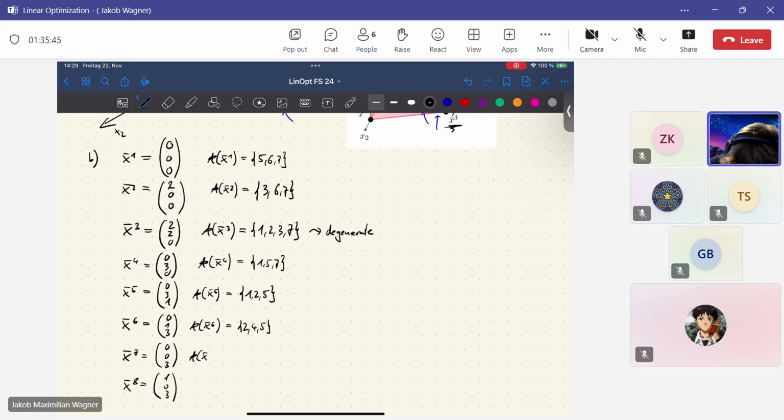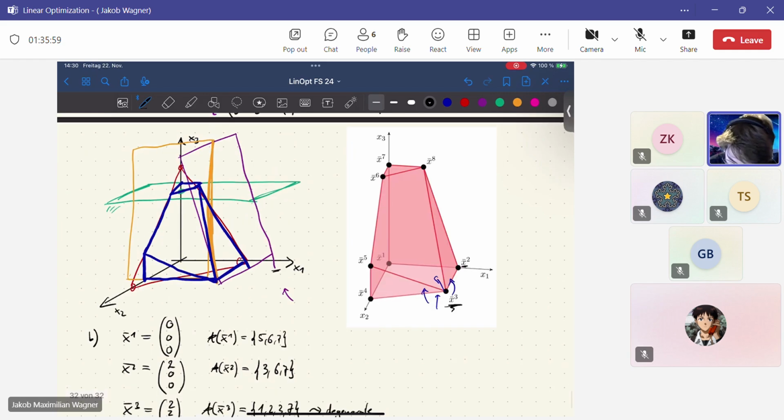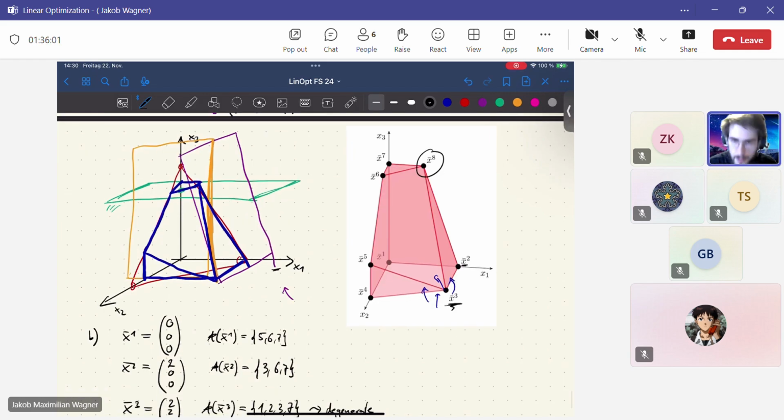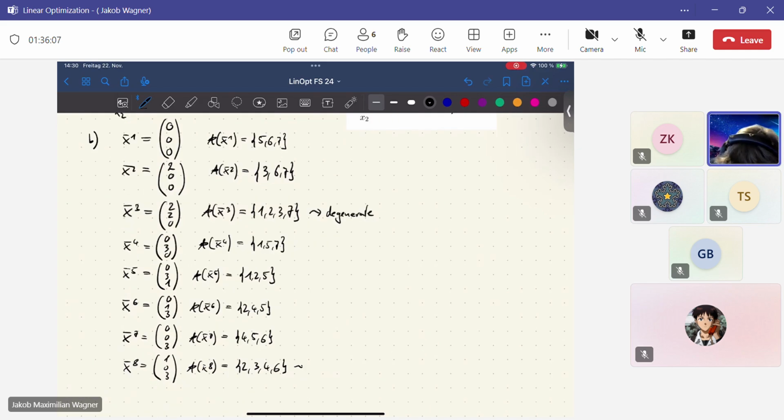Of the seventh one, we have 4, 5, 6. And of the eighth one, we have 2, 3, 4, 6. So again, at this eighth vertex, 4 hyperplanes meet up. So we again have a degenerate vertex here.